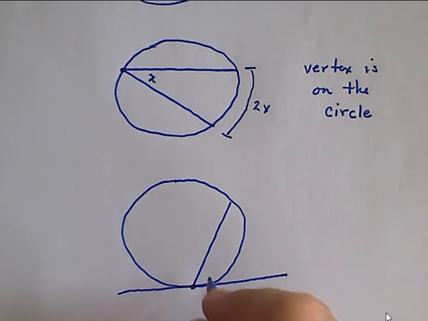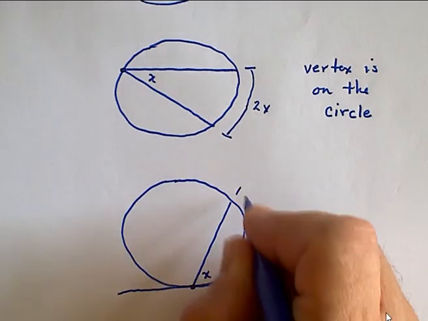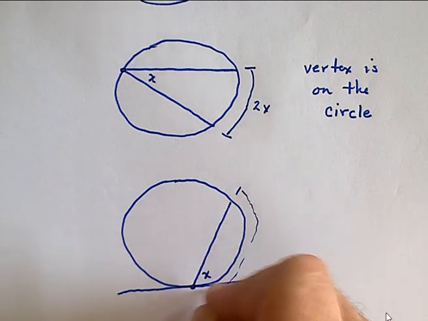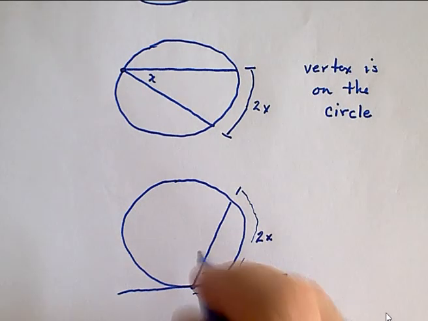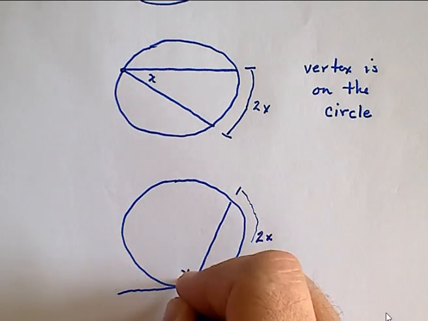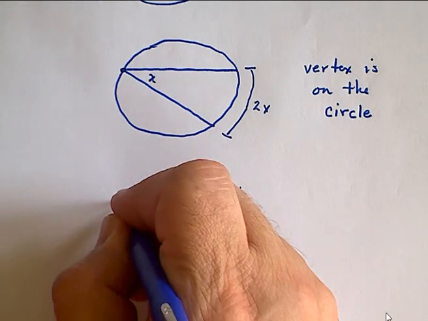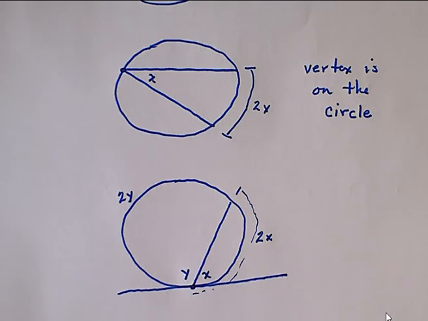If this is x, then this arc from here all the way down will always be 2x. If this is y, then this will be 2y. So the vertex is on the circle, so the angle is half the arc, or the arc is twice the angle.